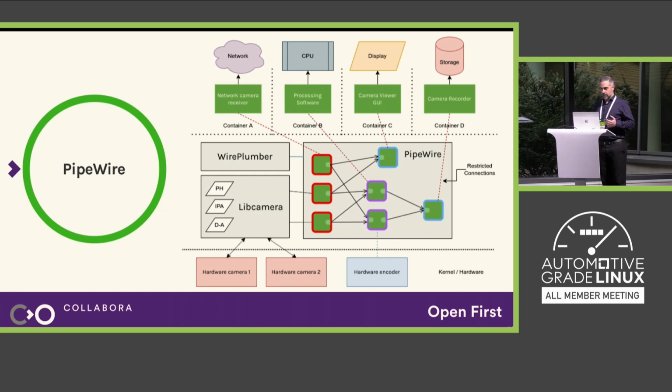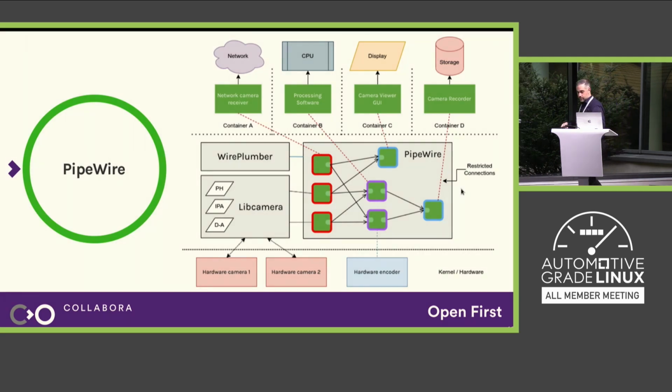And something else that is also shown here is that the applications can be containerized. It's not necessary, but it's a possibility. So you can have the applications running in different containers, and if they are in different containers, then you also have restricted connections. So every application will be able to connect to the resources that it's allowed to connect and not to anything else.